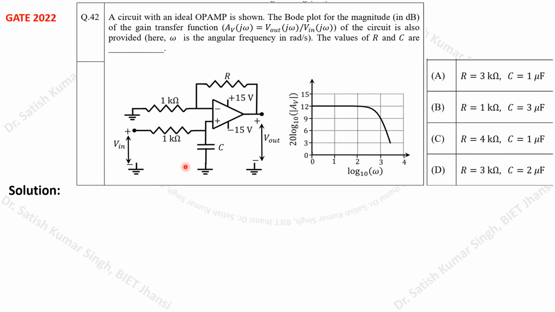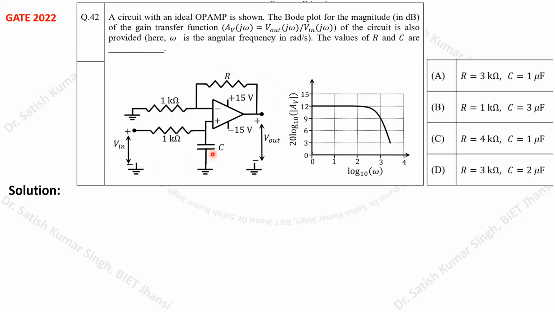Now I will try to solve this problem based on whatever I explained in my first order low pass filter design. Here you can see this is nothing but a low pass filter, because we have an RC circuit. And here we have two resistances, which will give a certain gain to this low pass filter.